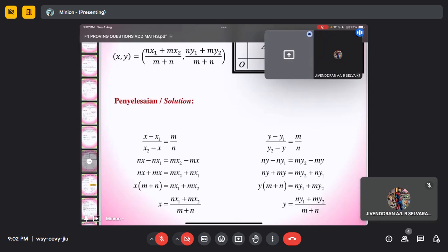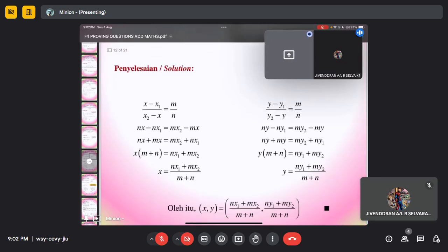Equivalent to mx2 minus mx. So you bring the like terms together, which will turn into nx plus mx equivalent to mx2 plus nx1. Then you see the common thing here, which is the x, right? So you factorize it, and it becomes x bracket m plus n close bracket, equivalent to nx1 plus mx2.